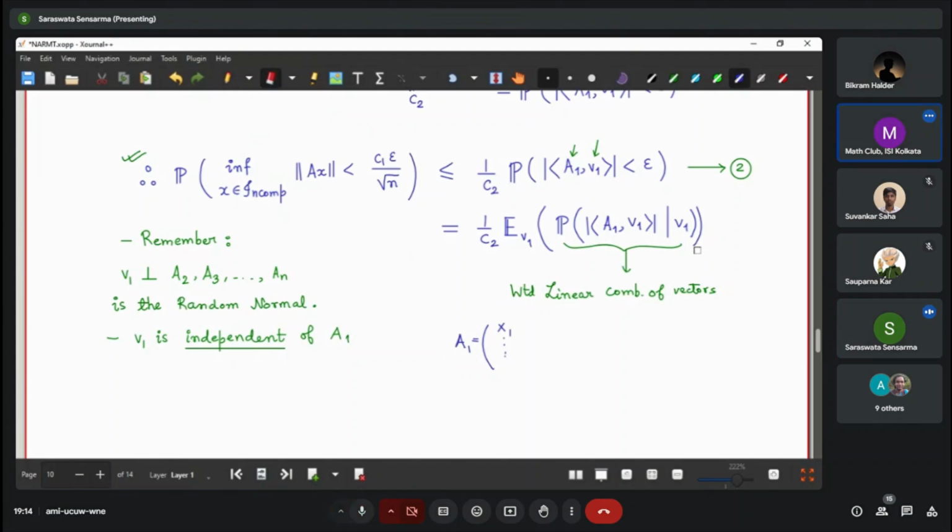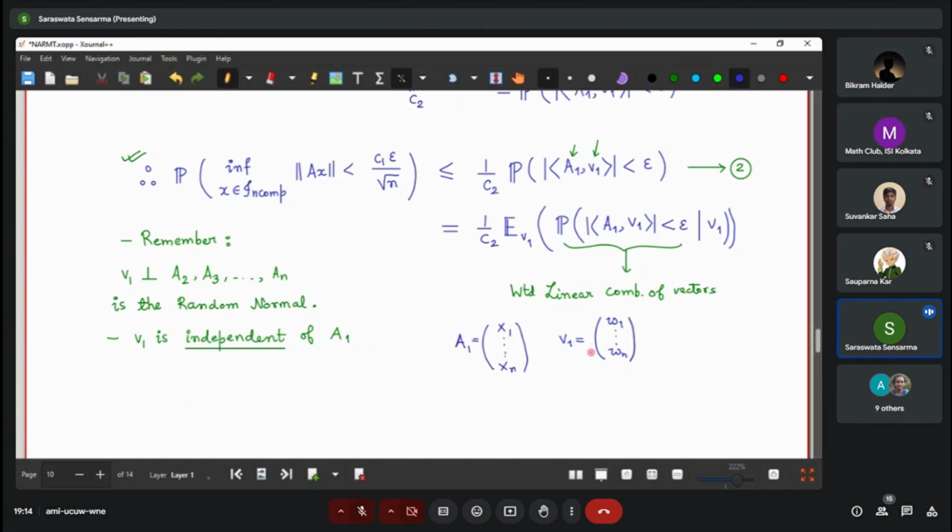Expectation less than epsilon, right? Oh, sorry, yeah, less than epsilon. Extremely sorry. It is less than epsilon given B1 basically. Okay, yeah. So let's say A1 is x1 through xn, and instead of B1, let's write W1 through Wn.